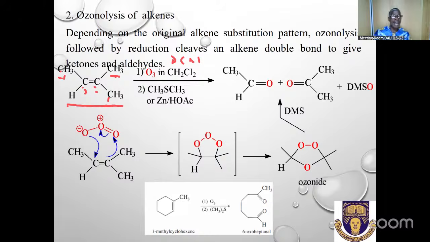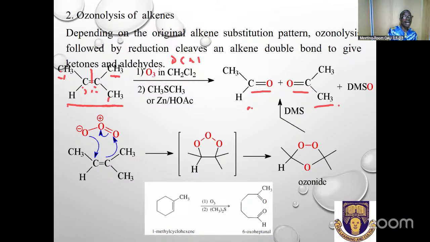you get this: the double bond is cleaved, and one oxygen is attached to each of them. You can see this is an aldehyde, and this side is a ketone.